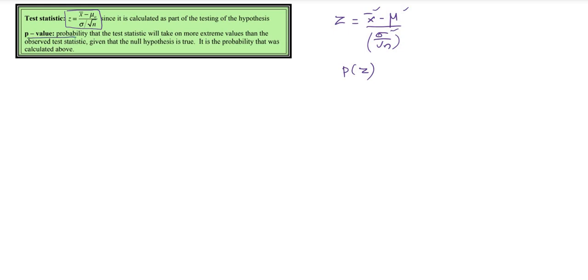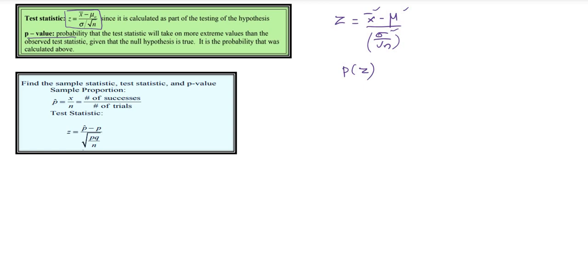In a similar way, we can define the test statistic for the proportion. The z value is equal to p prime minus p divided by square root of p dash q dash divided by n, or sometimes we take it as pq divided by n, the same thing.